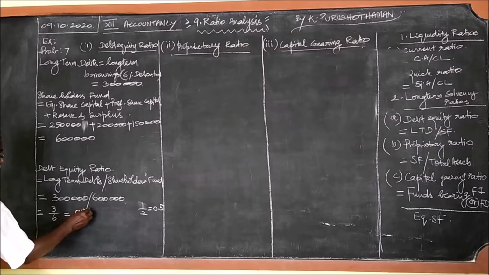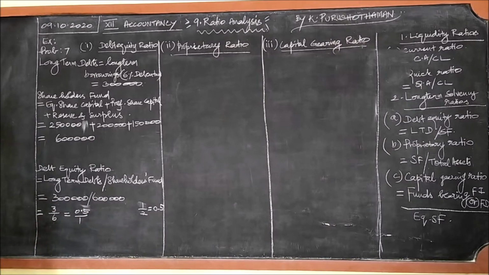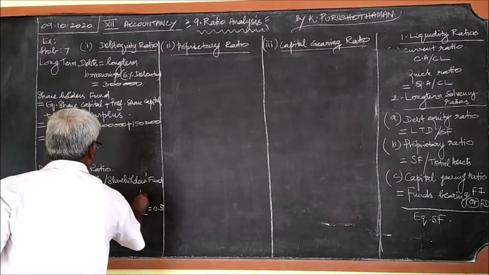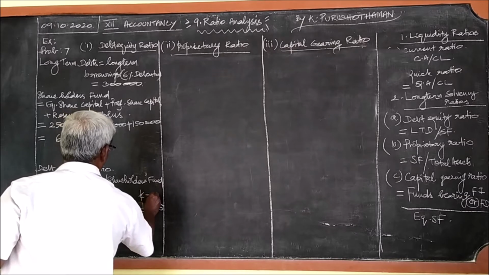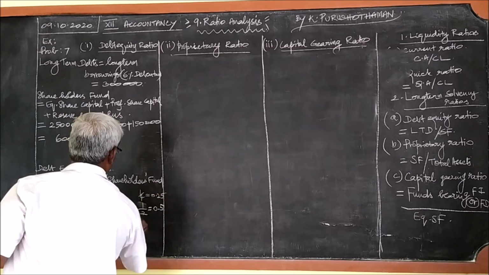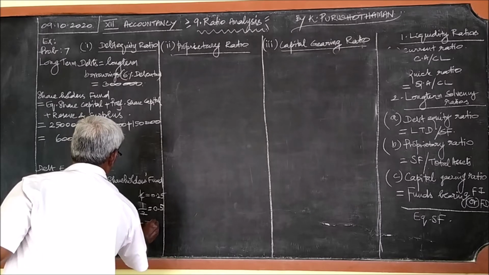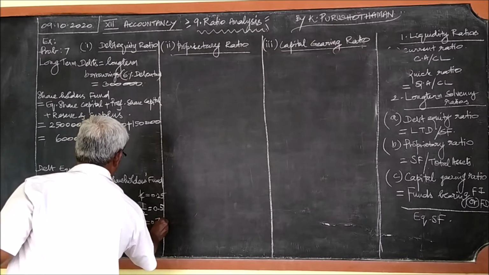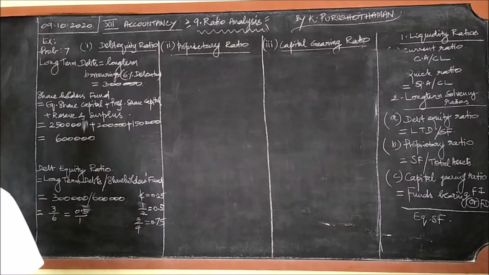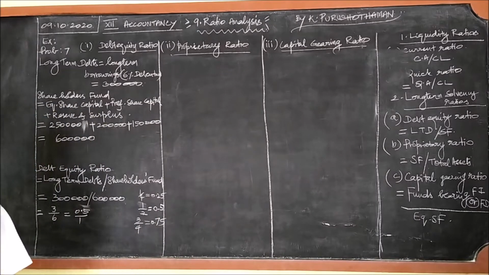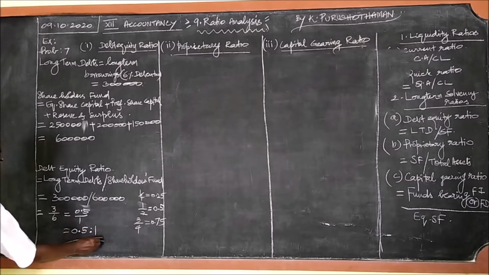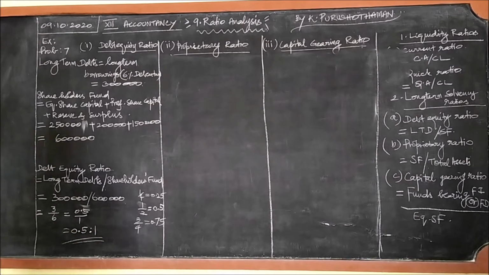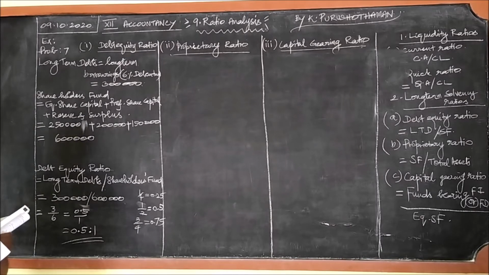Yesterday itself I told you for 1 by 4 0.25, 1 by 2 0.5, 3 by 4 0.75. Now these things you should remember. So this is equal to 0.5 is to 1. This is the debt-equity ratio.